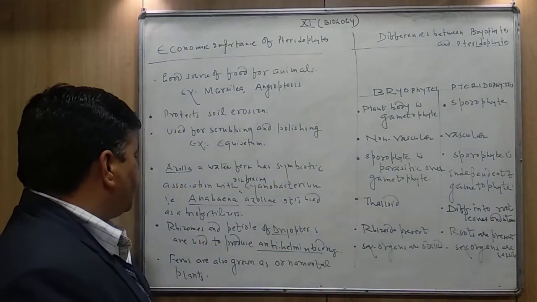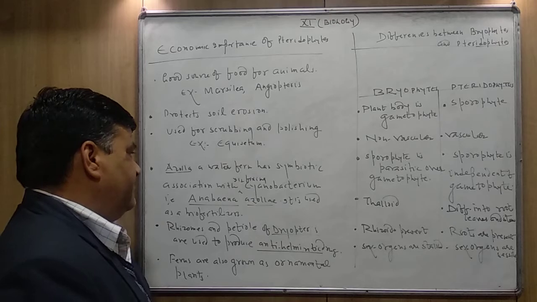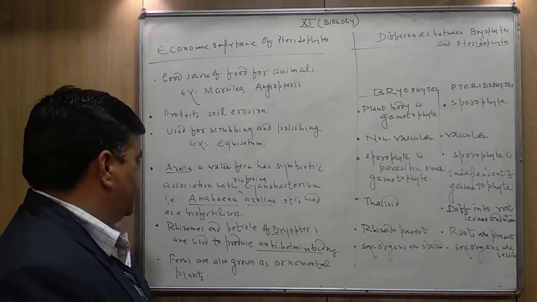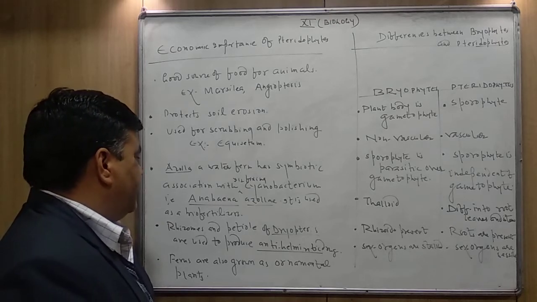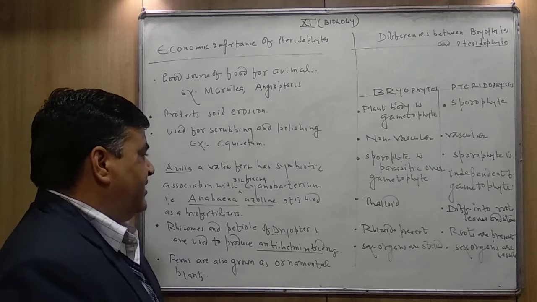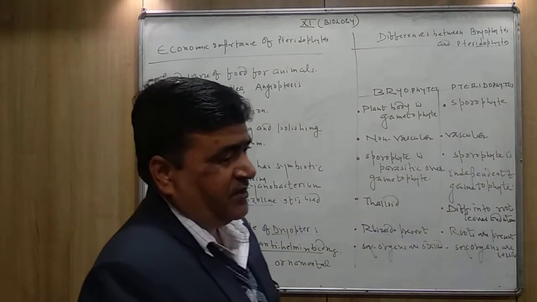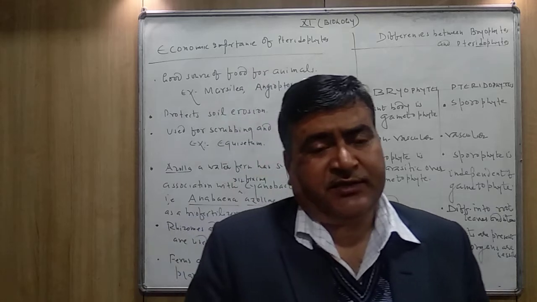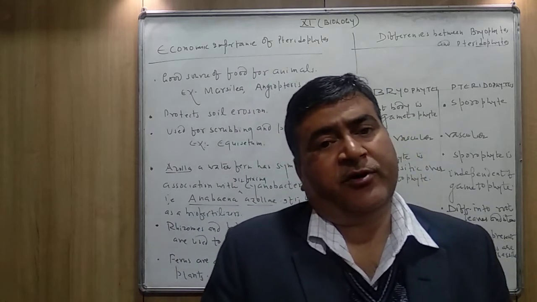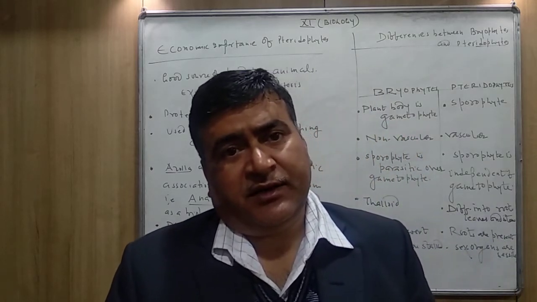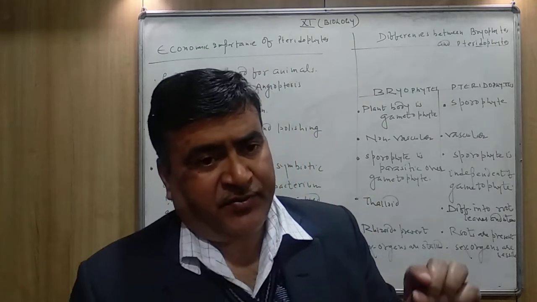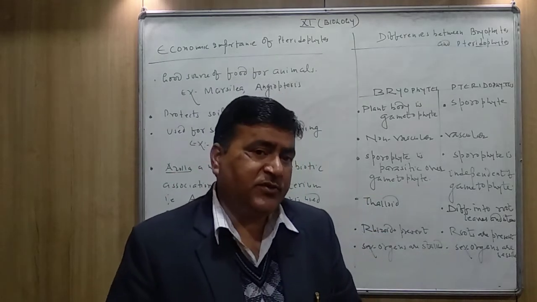Now, the rhizomes and petioles of Pteris are used to produce anthelmintic drugs. Yesterday I told you about Pteris, and I showed you the diagram also.